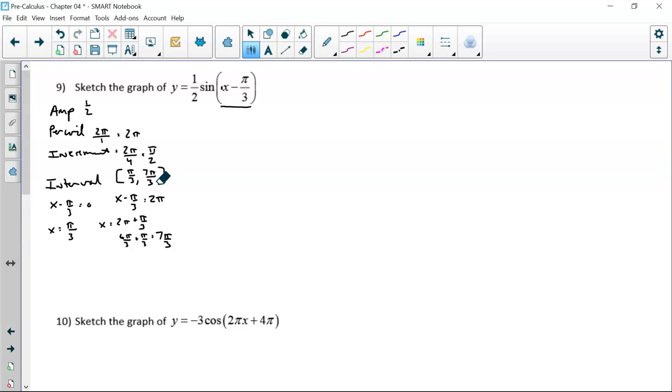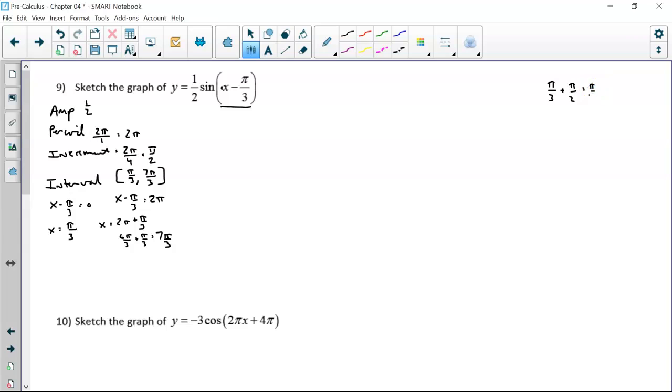Now, to find the other points, there's a couple of different ways to do this. In my opinion, the easiest way to do it is by looking at your starting point, pi over 3, and just adding our increment each time. So over here, I'm just going to do it off to the side. Pi over 3 plus pi over 2.